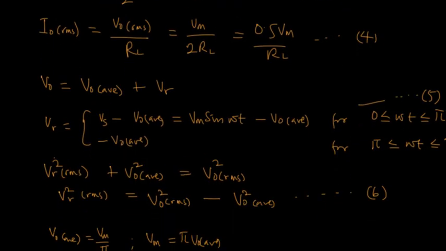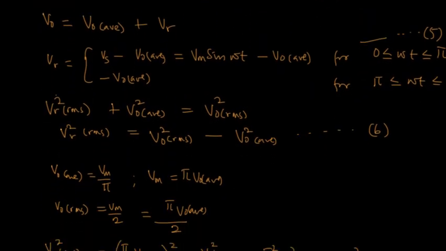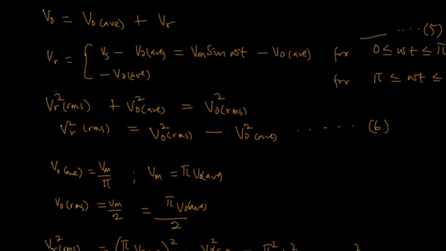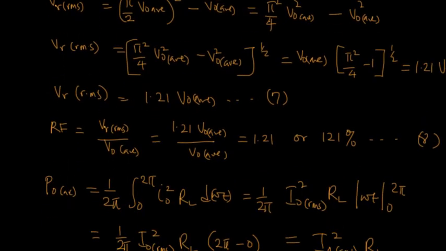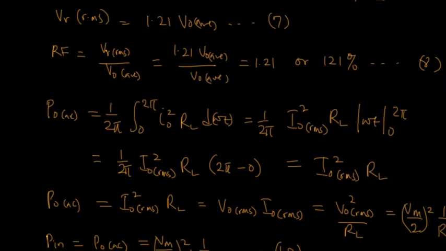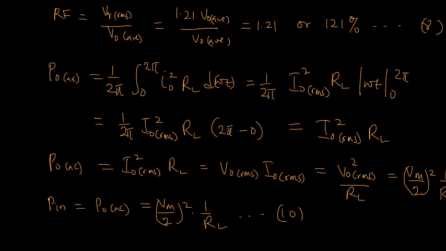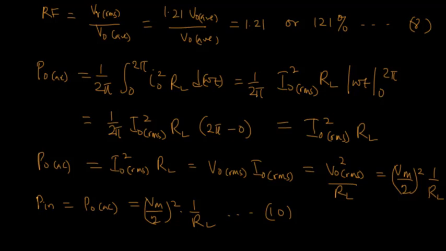And then we went ahead to derive the expression for the RMS ripple voltage, which is given as 1.21 V out average, and then the ripple factor is 121% for a single phase half-wave rectifier. We equally derived the expression for the output AC power, I squared RMS RL.